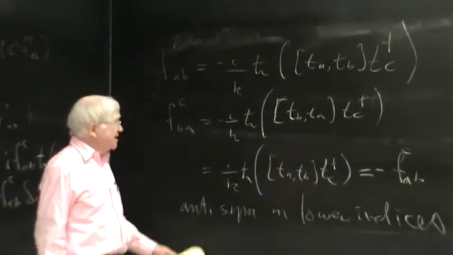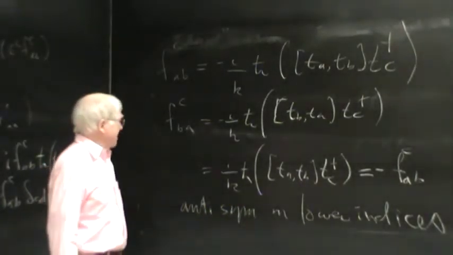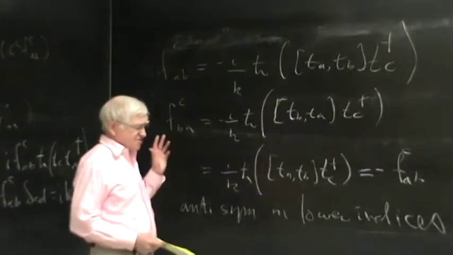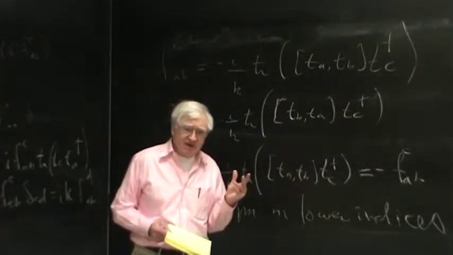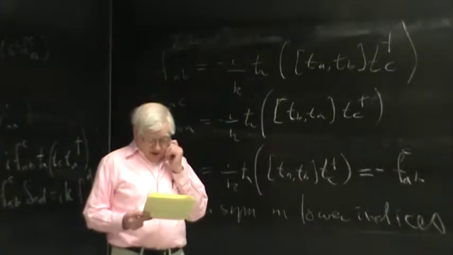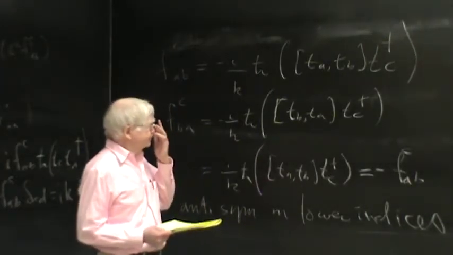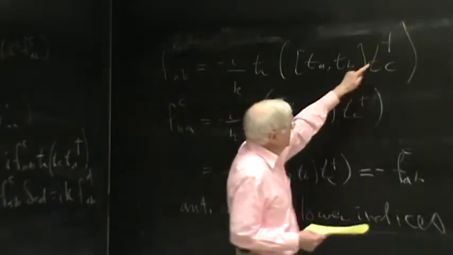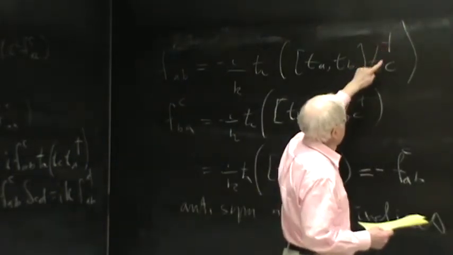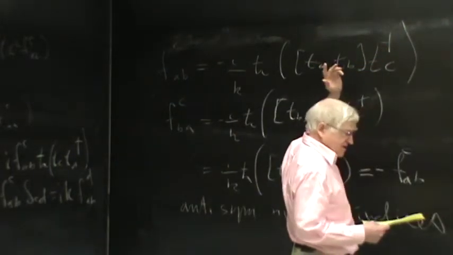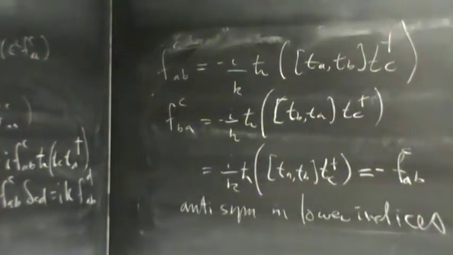Okay. So whether it's compact or non-compact, the structure constants are antisymmetric in the lower indices. Now, what about if they're unitary? Well, if the representation is unitary, then all the generators are Hermitian.